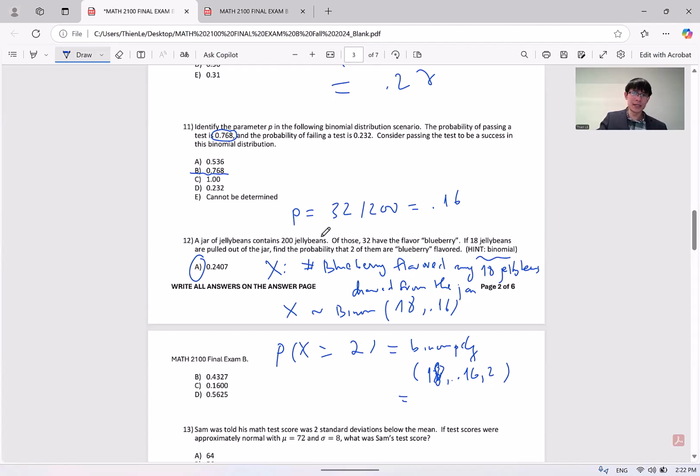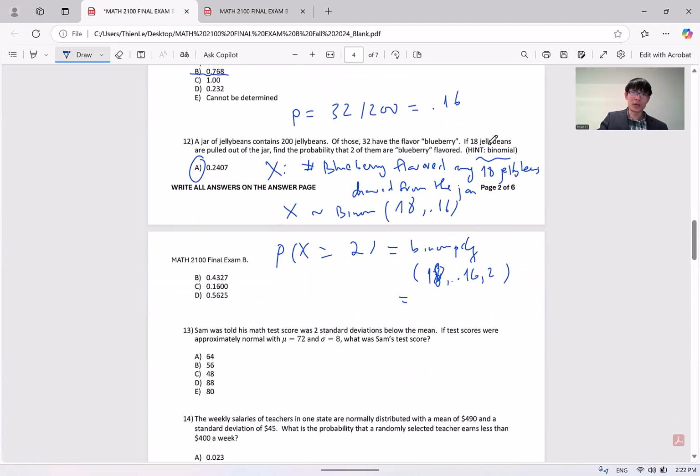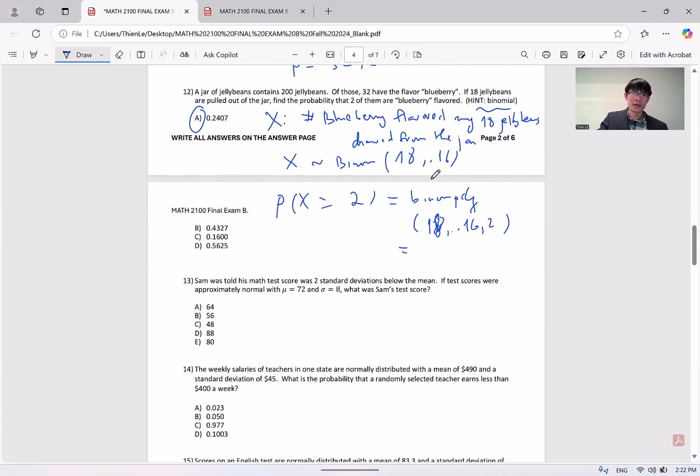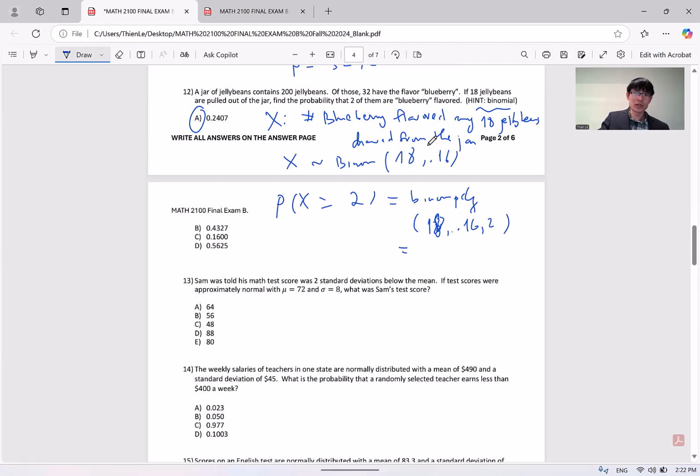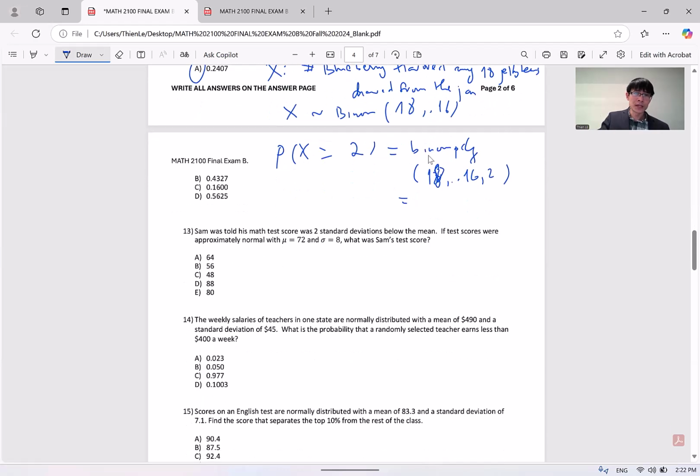But in any case, I just use whatever the hint gives you. For sure, we can also solve this problem in the exact way, but it will require a different distribution, which is not in the scope of this class.